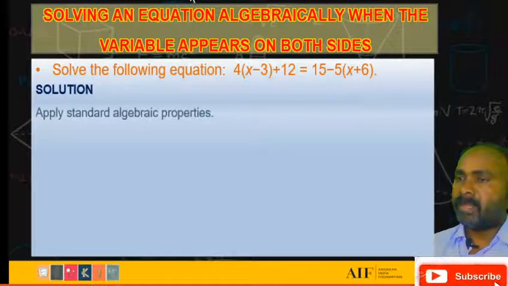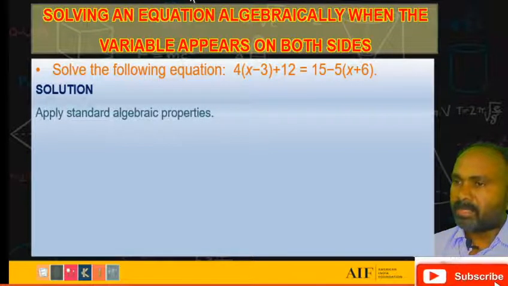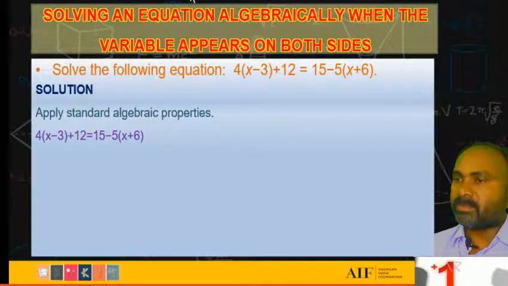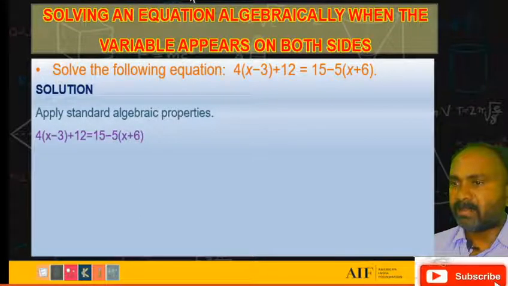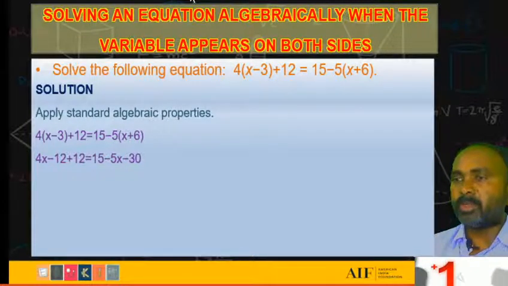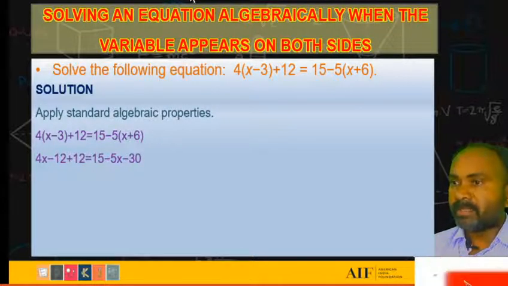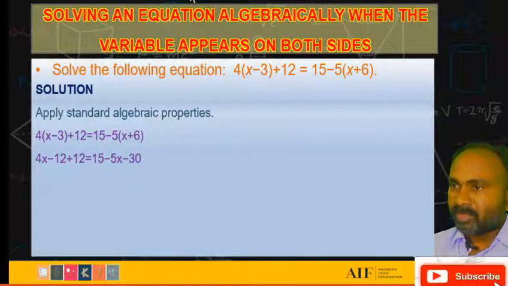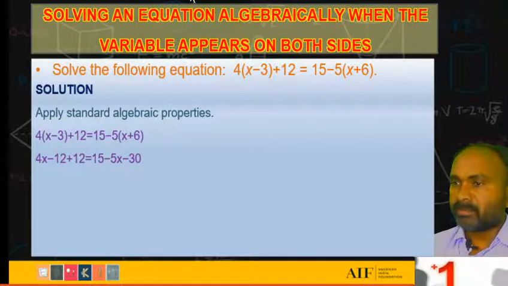Solution. Apply standard algebraic properties. 4 of x minus 3 plus 12 equals 15 minus 5 of x plus 6. Here first we use the distributive property. 4 of x minus 3: 4 into x is 4x, and 4 into minus 3 is minus 12, plus 12.